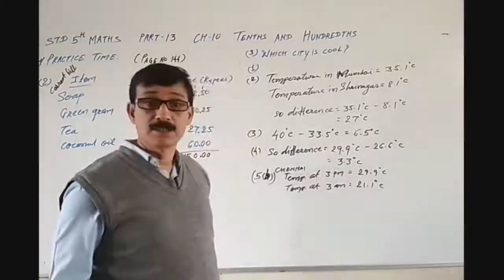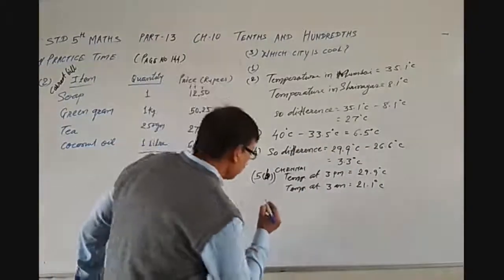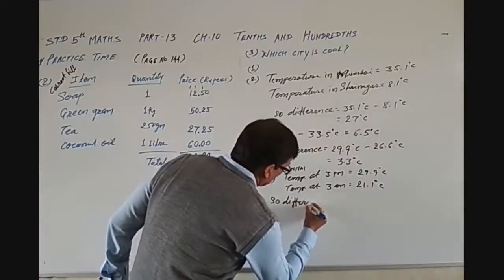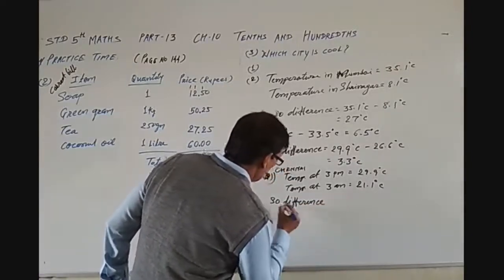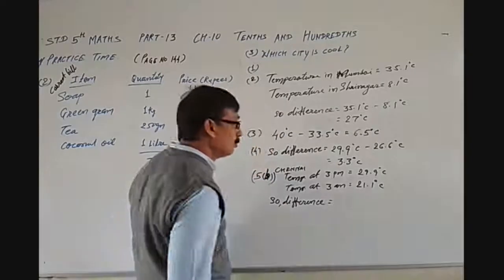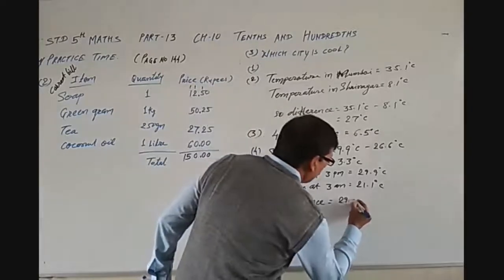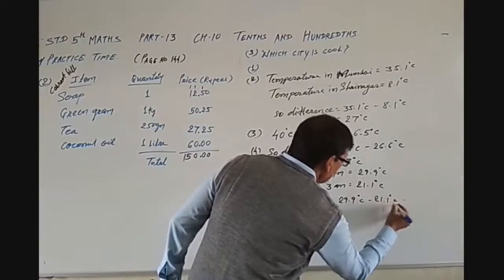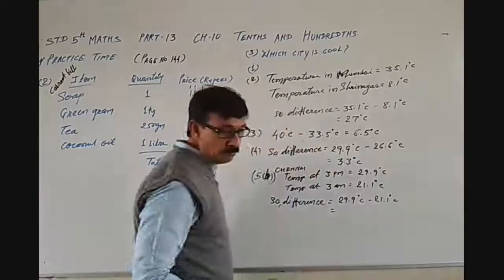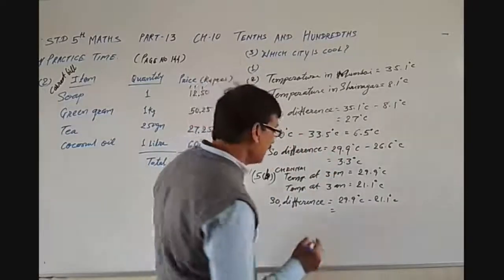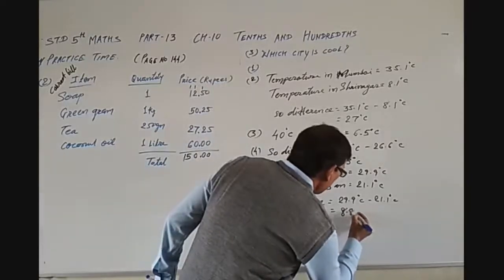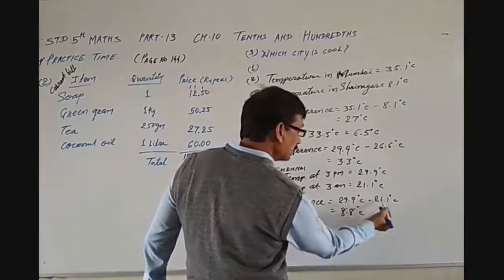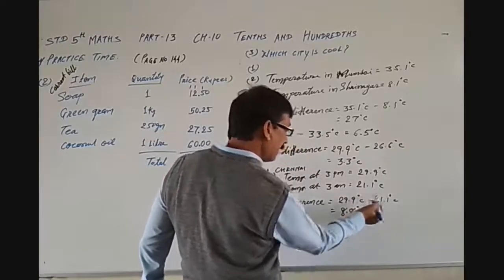So the difference is equal to 29.9 degrees Celsius minus 21.1 degrees Celsius, and it will be 8.8 degrees Celsius. 9 minus 1 is 8, and 2 minus 2 is 0.